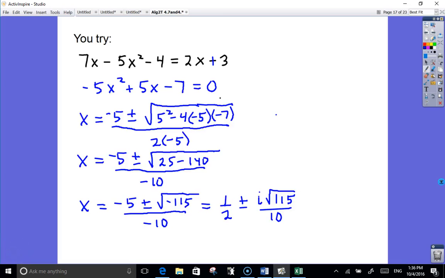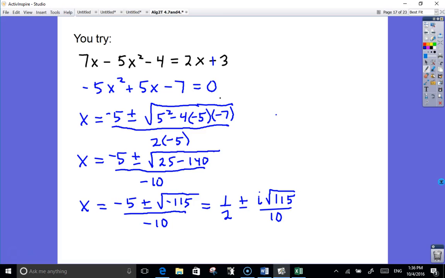Now that's plugging it in. Assuming you move the 2x and the 3 to the other side, you should have started out with negative 5x squared plus 5x minus 7. You plug it into the whole quadratic formula, and almost everybody I saw got pretty close to that.